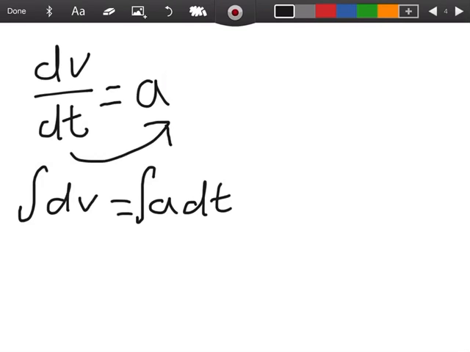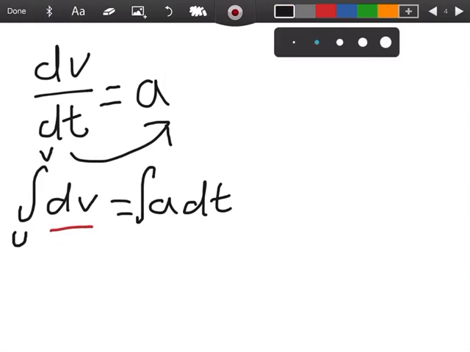And now it can go one or two ways to derive the equation. I'm going to show you the first way now. So we're going to set limits for initial velocity all the way up until final velocity, because it's in terms of velocity here, with respect to velocity. Okay?